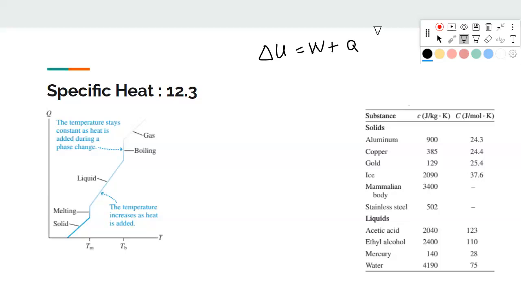But for the moment, we're more focused on this heat part of the equation. And so an important idea is, how do we connect the heat to temperature? It turns out to be material specific. Different materials will have different temperatures for the same amount of energy given to them. And so again, thinking back to the fact that materials are made out of atoms and molecules, how could this be?